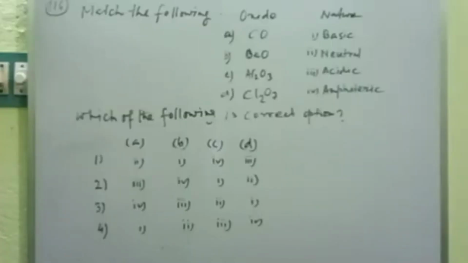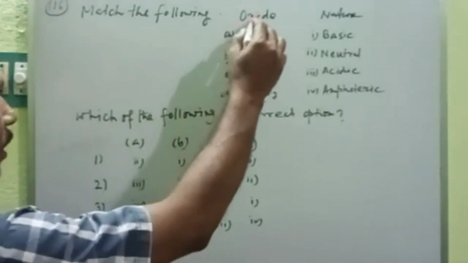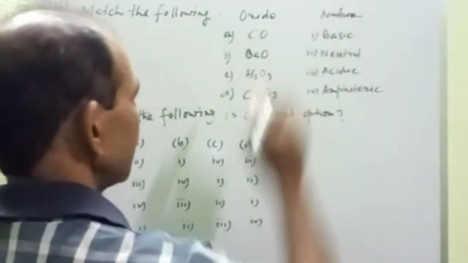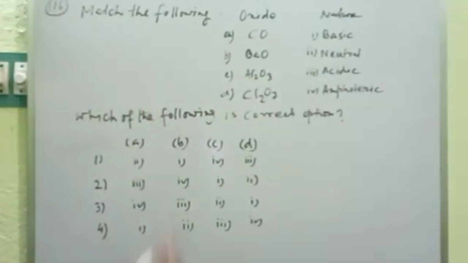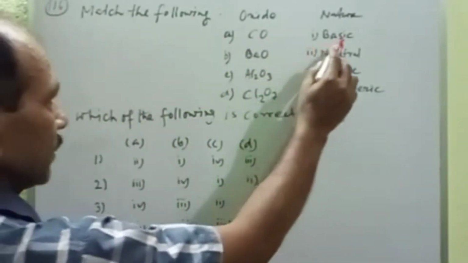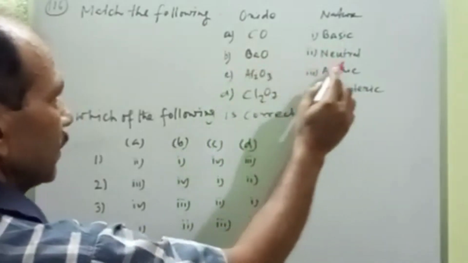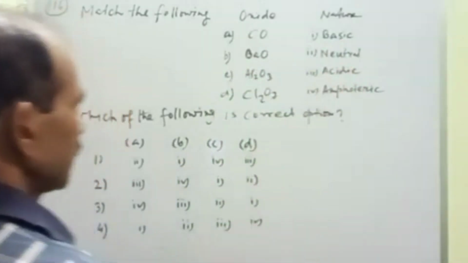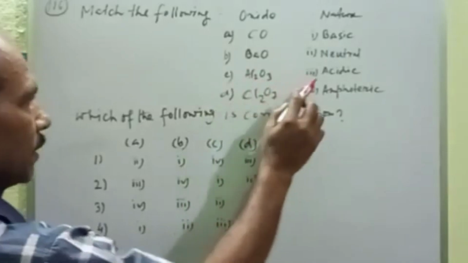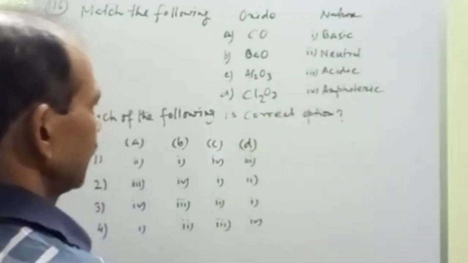Question number 116. Match the following. One column is oxide and another column is nature. A. Carbon monoxide 1. Basic. B. Barium oxide 2. Neutral. C. Al2O3 3. Acidic.